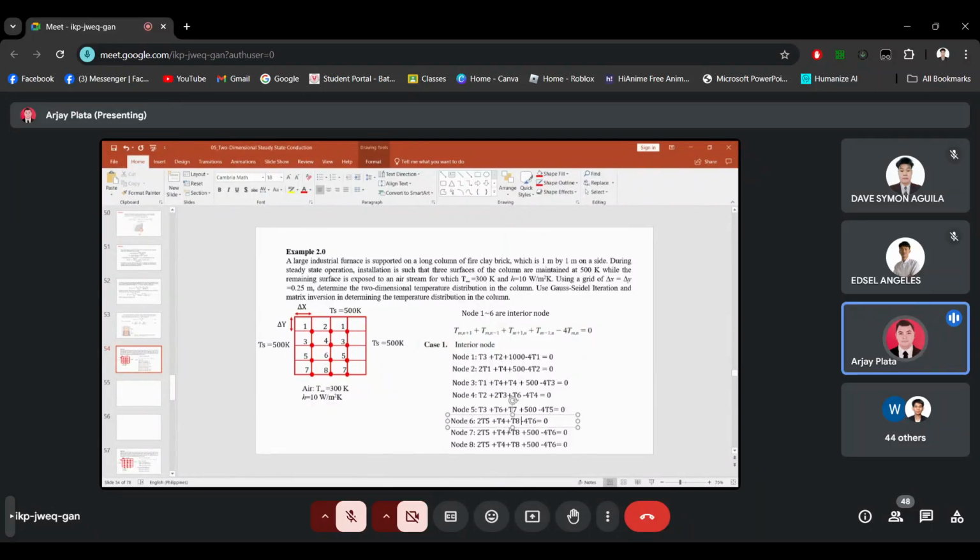Okay, so next, node 7. Nodes 7 and 8 are at a surface with convection.